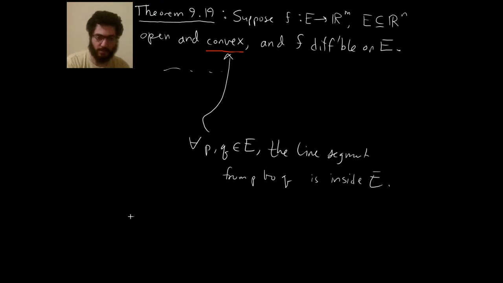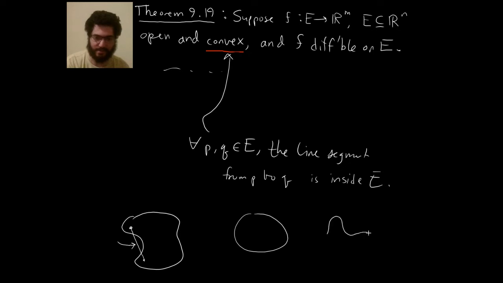Okay, so like in the plane, this would not be convex because here are two points, and if you draw a line segment, it's not fully inside. You see it comes out. But a ball is convex. A star is convex. Sorry, a star is not convex.